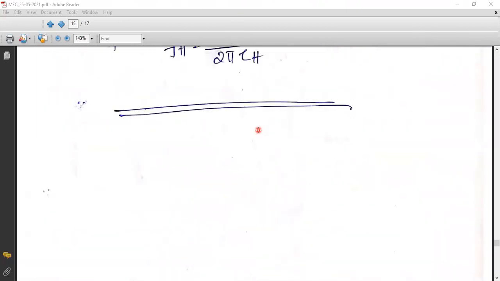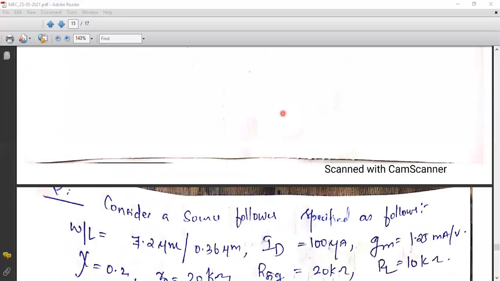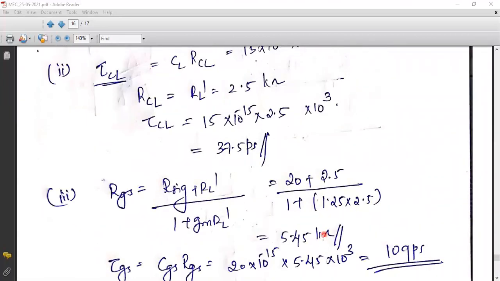You need to take this equation and substitute the value of RL dash, R6 GM. Again RL dash. Okay. 5.45, sir. Good. Answer is 5.45 kilo ohm.